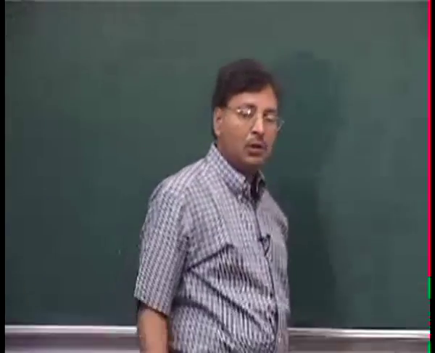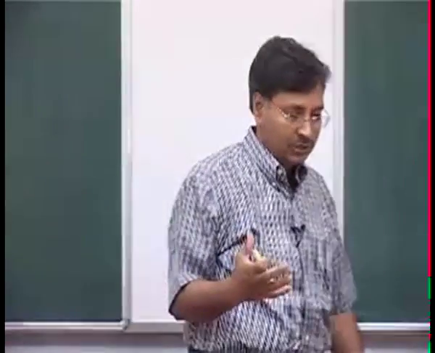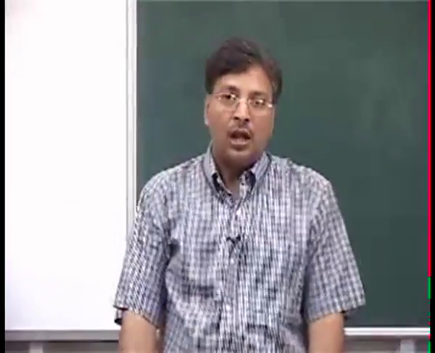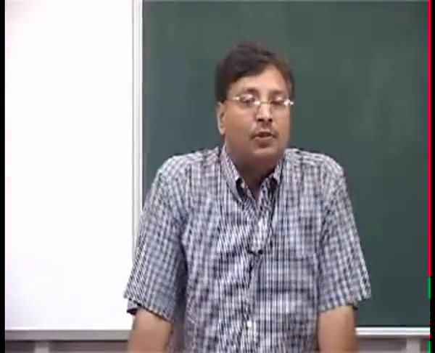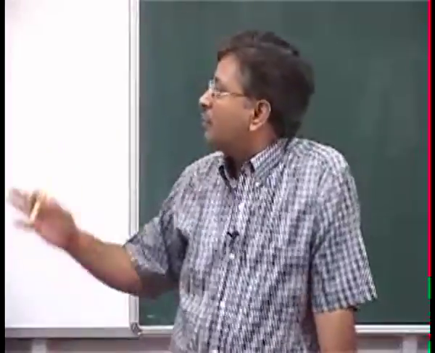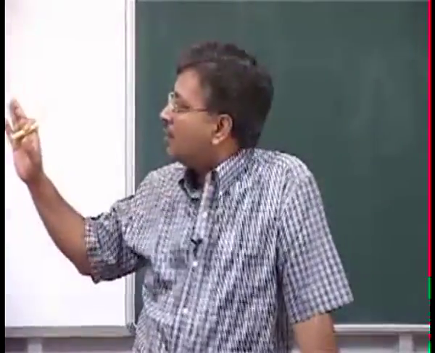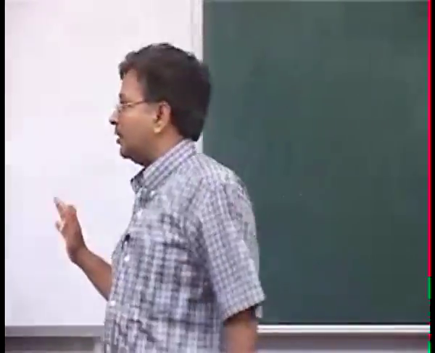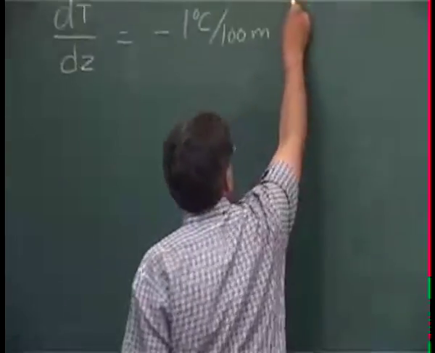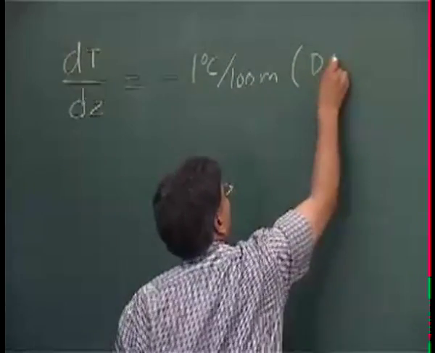We also saw what it means in terms of the stability of the atmosphere and how the pollutants will disperse, or whether the atmosphere could be unstable or stable, depending on the DALR. We call this the DALR.